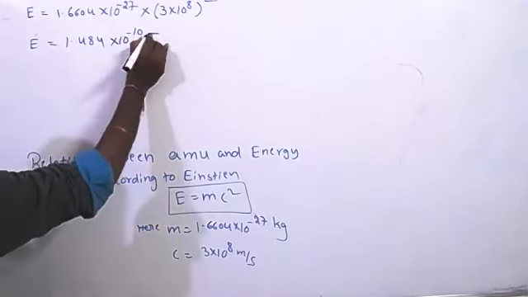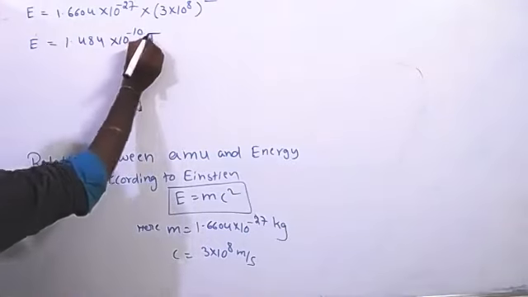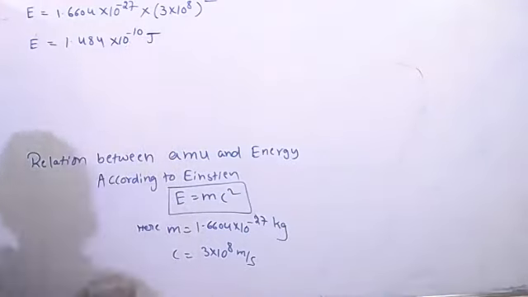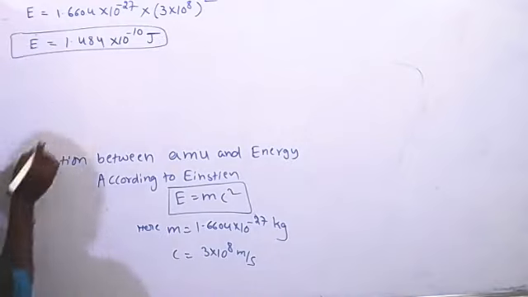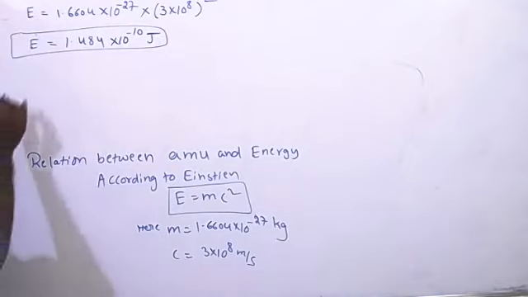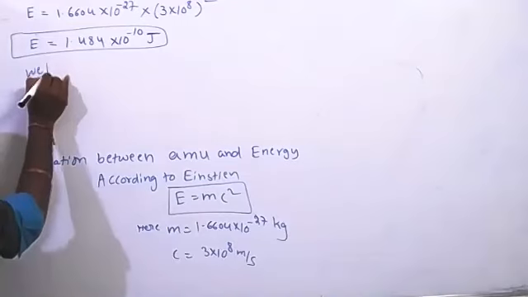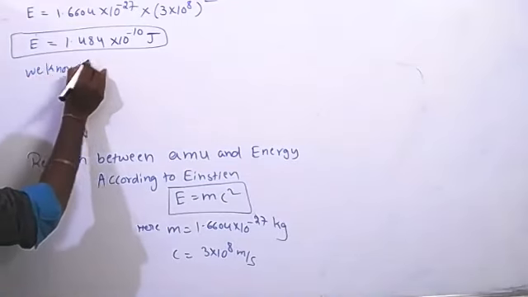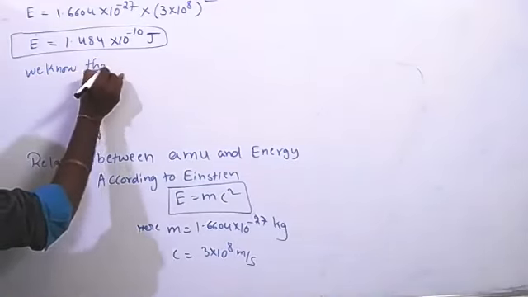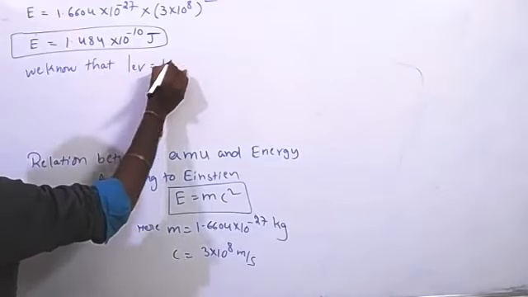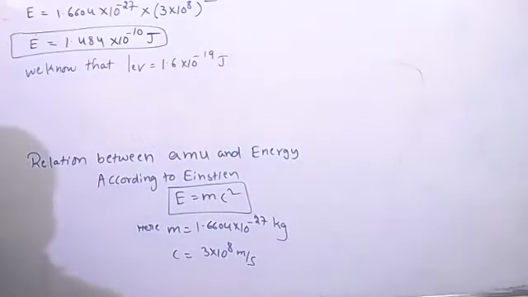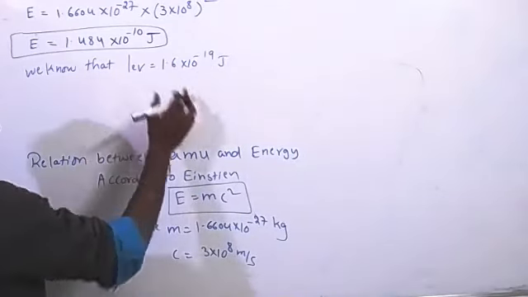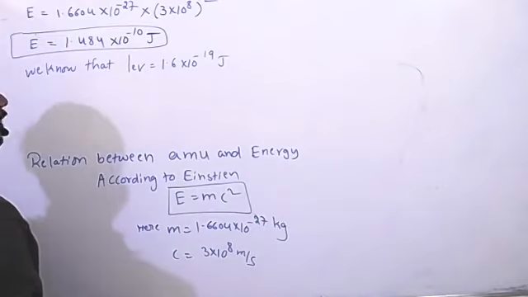It is energy in joules. We know that one electron volt equals 1.6 into 10 to the power of minus 19 joules.